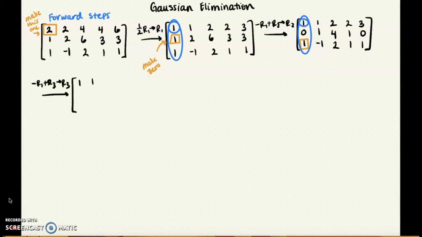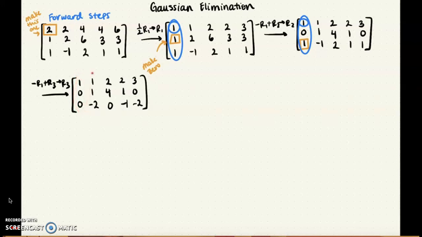So my first two rows stay the same. 0, 1, 4, 1, 0. And my last row becomes 0, negative 2, 0, negative 1, negative 2. And that's from doing minus row 1 plus row 3. Okay. So we have successfully completed the forward steps for this first column.